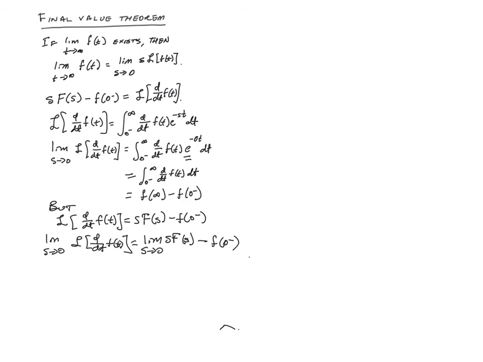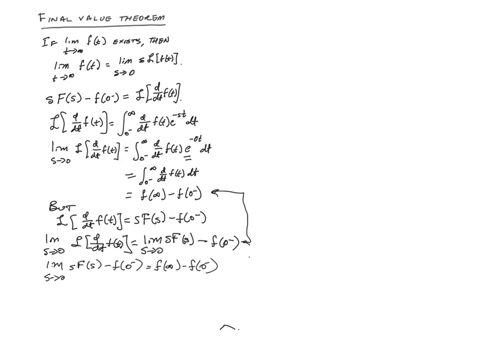So its limit as s goes to 0 is just whatever it is. So now we have two expressions for the limit as s goes to 0, right here and right here, so we just put them together. The limit as s goes to 0 of s F of s minus f at 0 minus is the same as f of infinity minus f at 0 minus.